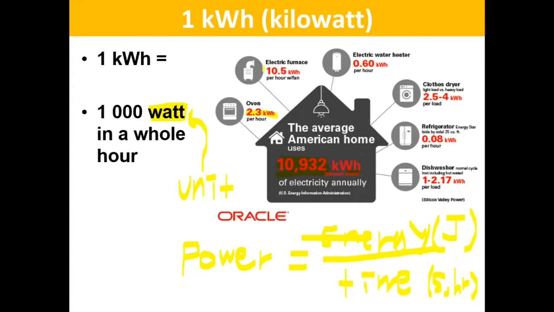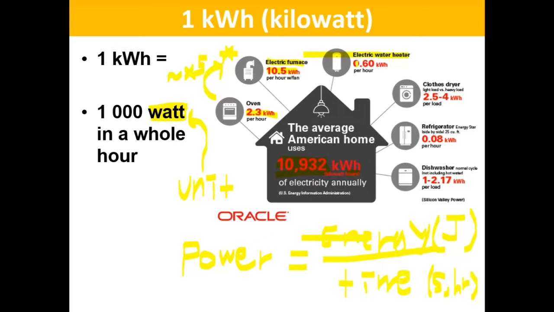Oven uses 2.3. Electric furnace, which is the one that is related to direct heat, and I'm going to emphasize that a little bit more, is 10.5, which is roughly 5 times the oven.